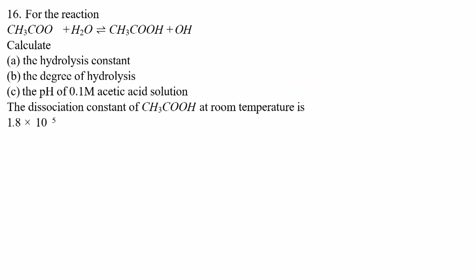Next we move to problem number 16. It says for the reaction CH3COO minus plus H2O gives CH3COOH plus OH minus, calculate the hydrolysis constant, the degree of hydrolysis, and the pH of 0.01 molar acetate solution, and the dissociation constant of CH3COOH at room temperature is given.